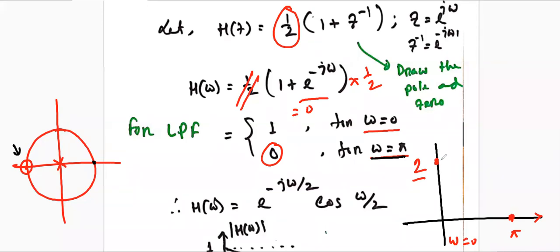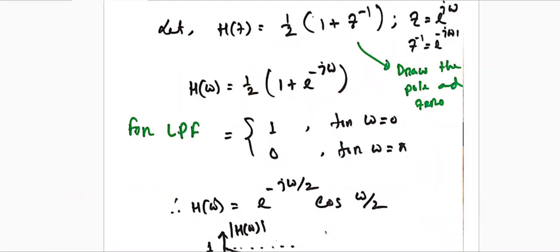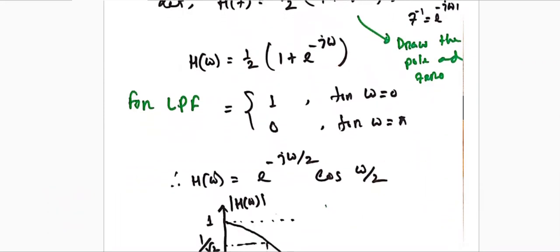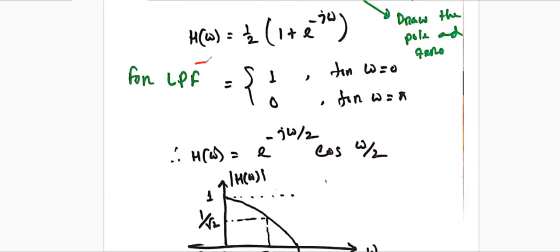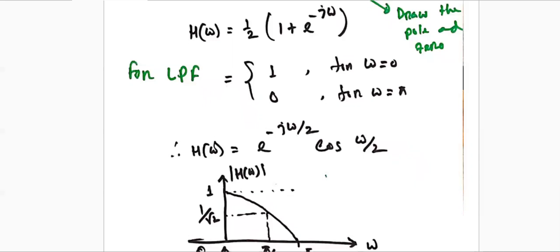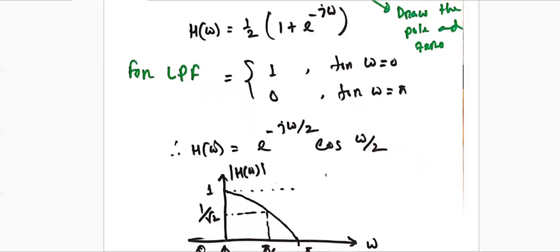So that's why if you calculate it from 0 to pi, you can put different values of omega in this equation, and you can find that the output looks like this. And that has been shown here in this amplitude response. So from this equation, you can write this equation very easily with the help of Euler's formula.